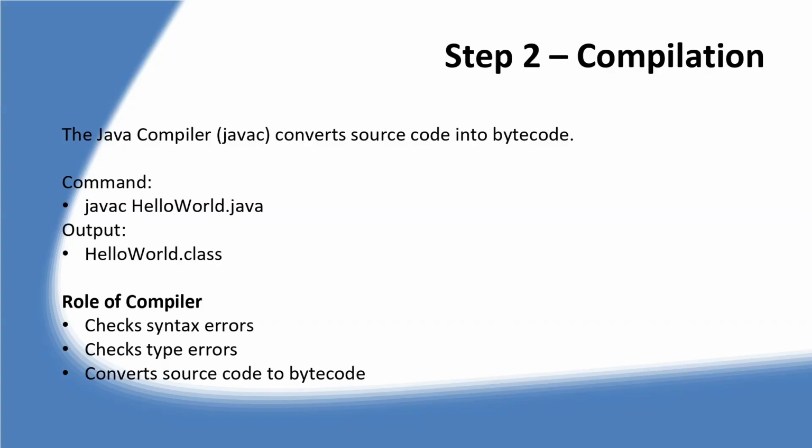So we have a command to compile the .java file, that is source code, and we'll get output as .class file after compilation. So this .class file will contain the bytecode. So the role of compiler is to check syntax errors, check type errors, and convert source code to bytecode.